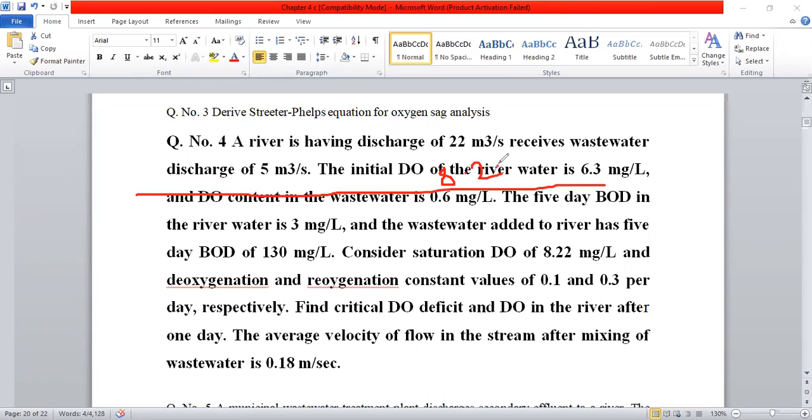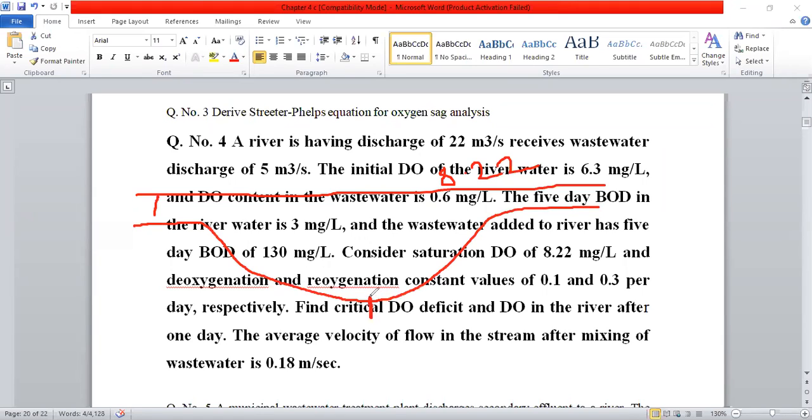Then the initial dissolved oxygen deficit, the dissolved oxygen of the river stream is 6 point. So I will keep this much gap and start drawing here. It is the initial dissolved oxygen deficit, then it will start dropping down, reach the critical dissolved oxygen deficit and will go back.